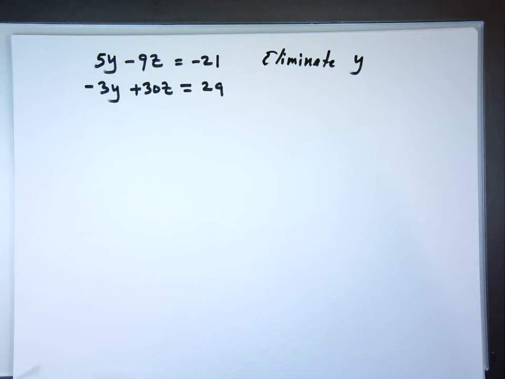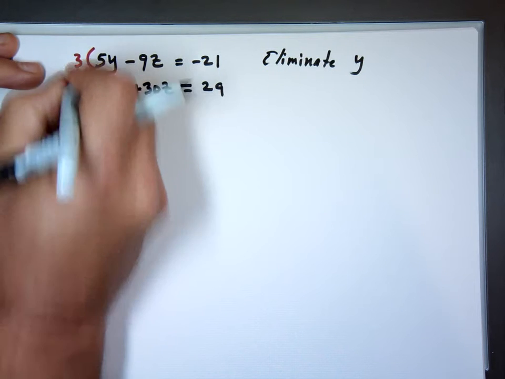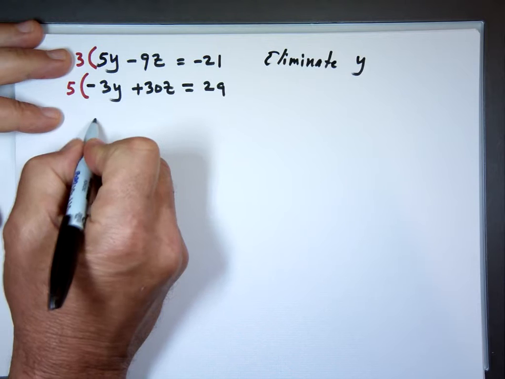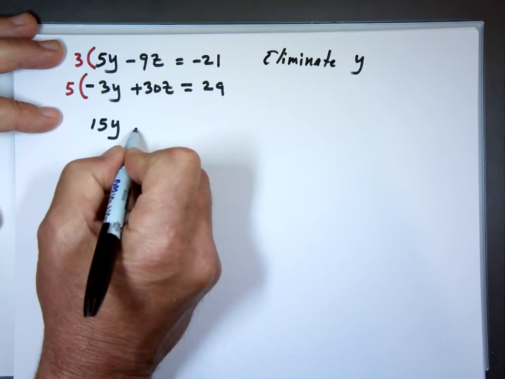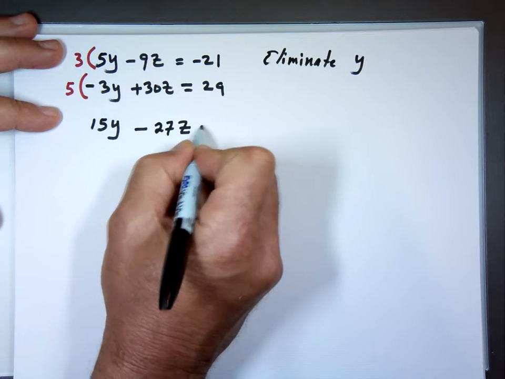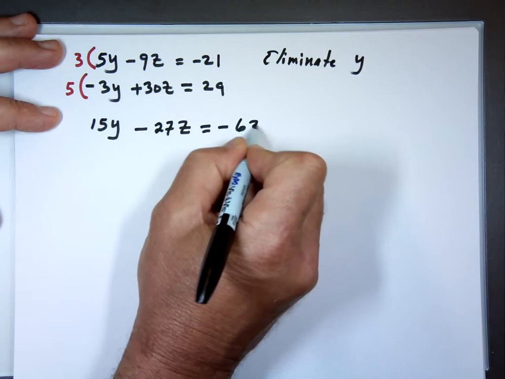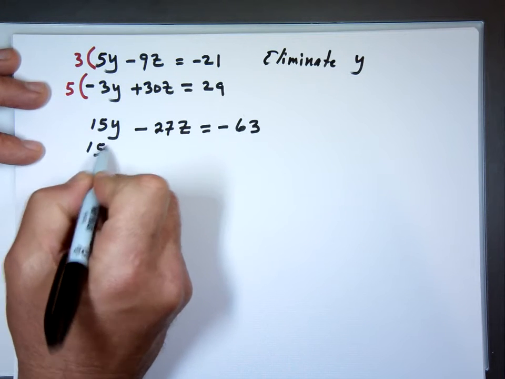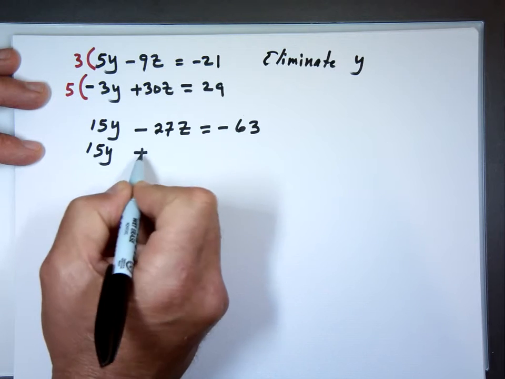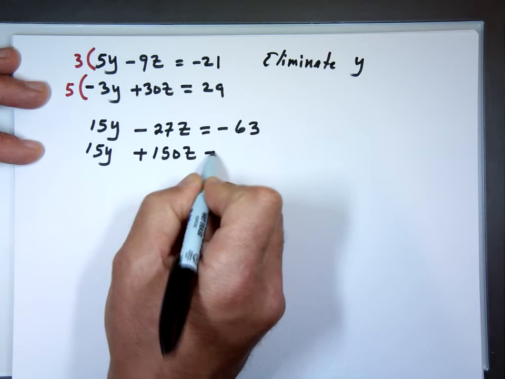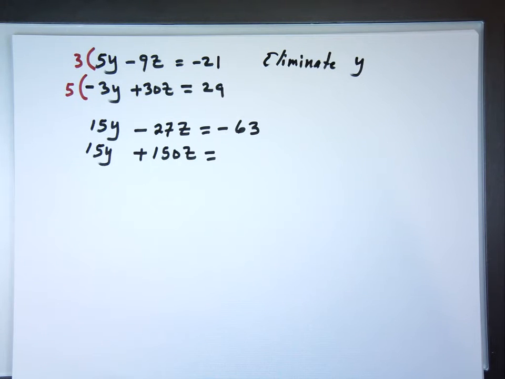To eliminate y, I got to multiply this by what? 3, and this one by 5. 3 times 5, 15y, minus 3 times 9 is what? 27z, negative 63. 15y plus, oh God, big numbers, 150z equals, where's my calculator?